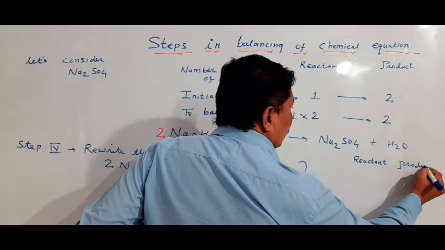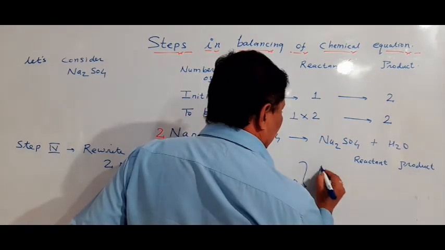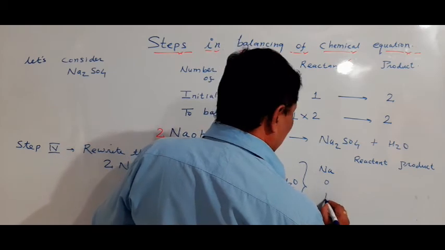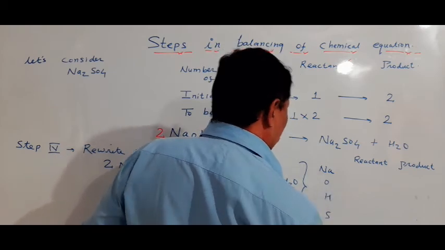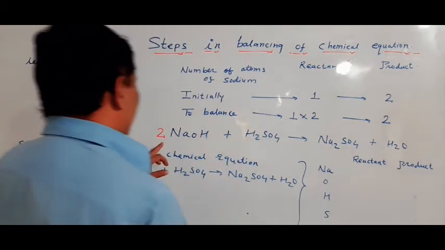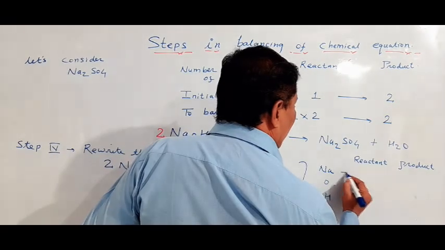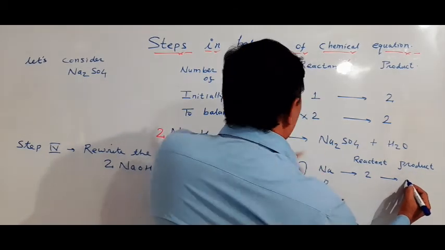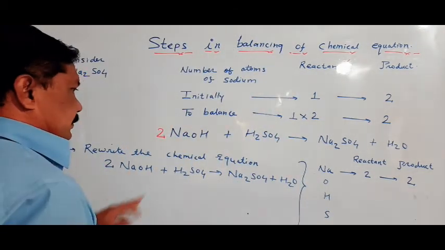Reactant, product: sodium, oxygen, hydrogen, sulfur. 2, 2. This is the first reaction we have done.